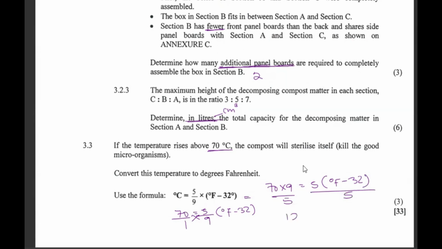So I end up having 126 equals F minus 32. So my F will equal 158 degrees Fahrenheit. This marks the end of question 3.